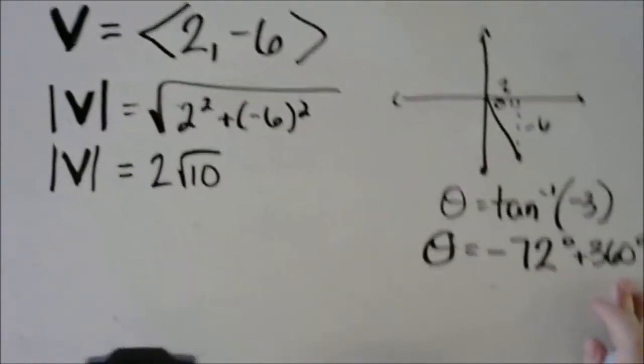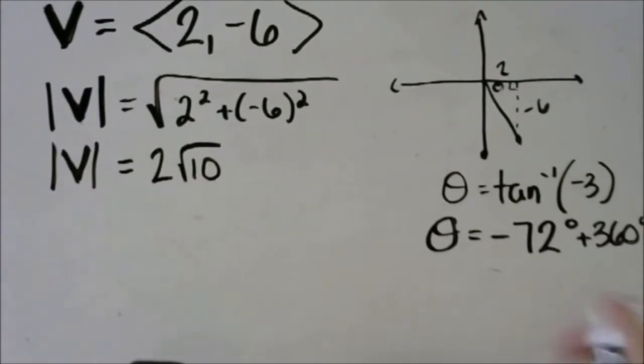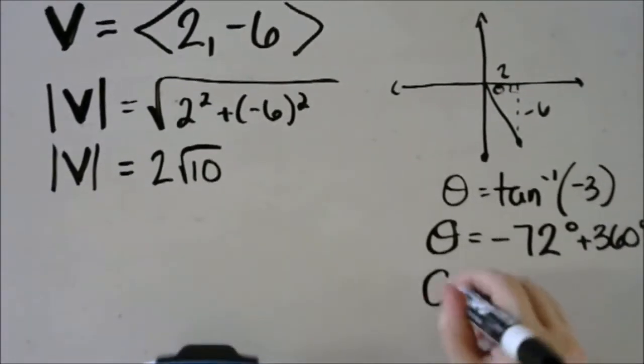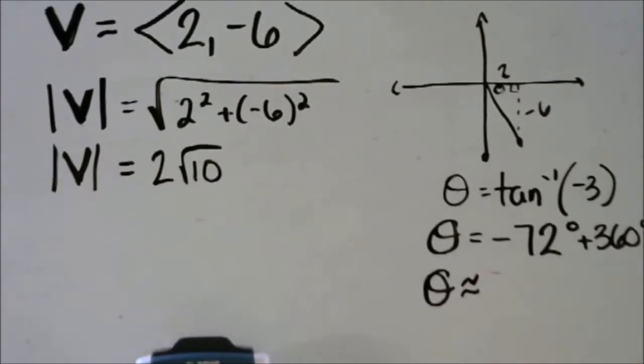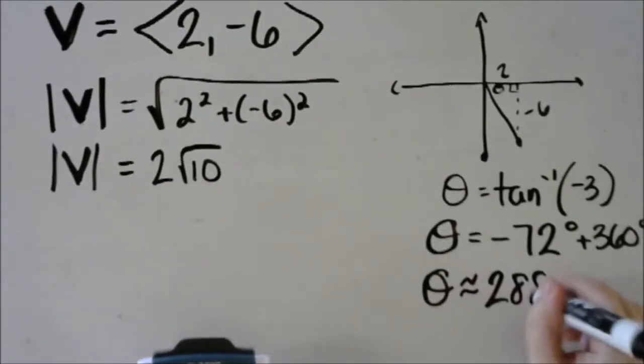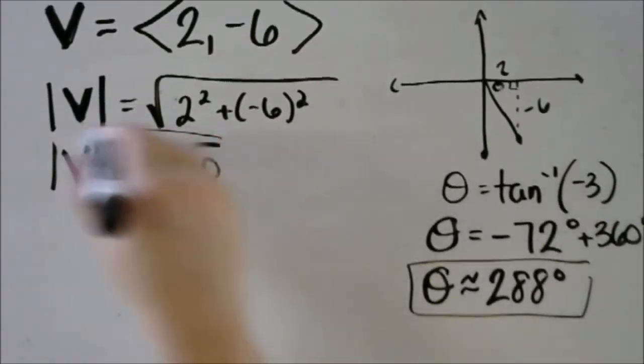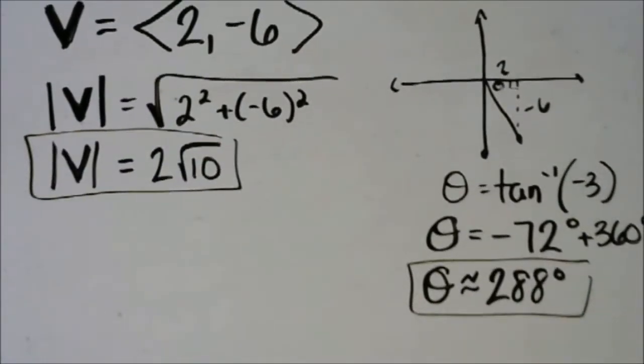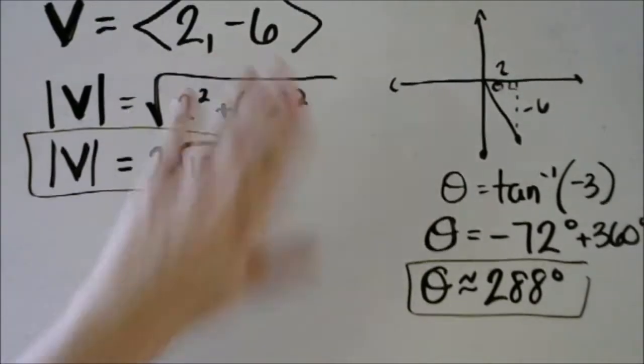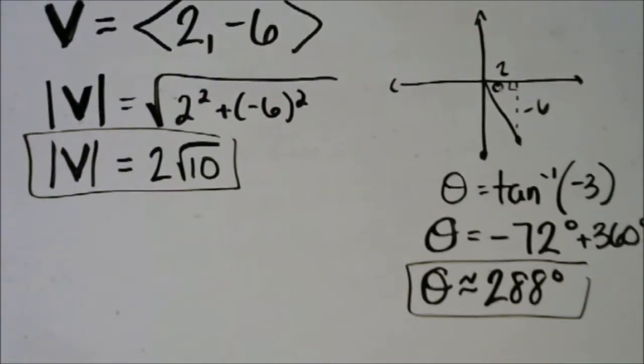The amount I add is going to vary depending on what quadrant I need my answer to lie in. So if we add 360 to this, we get that theta is approximately, with some serious rounding, 288 degrees. And with that, I have found the magnitude and direction of the vector ⟨2, -6⟩.